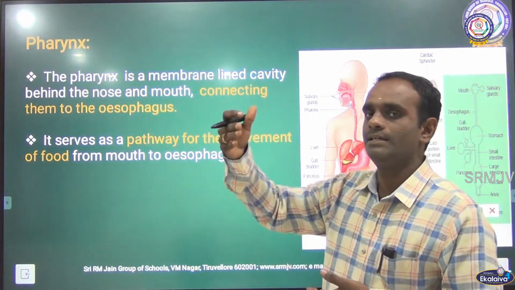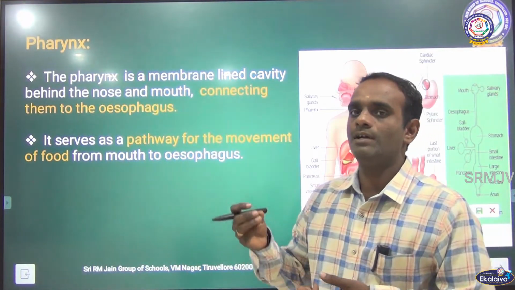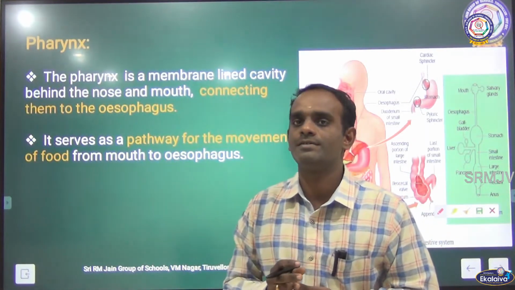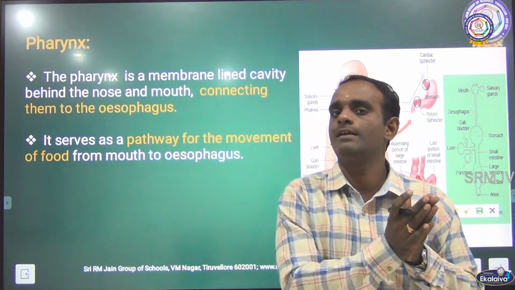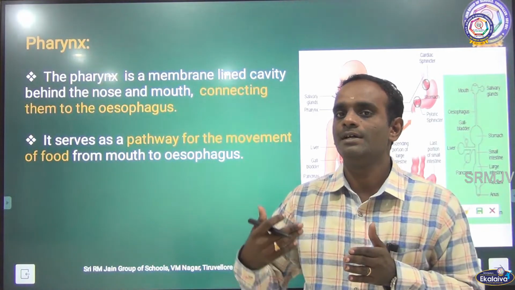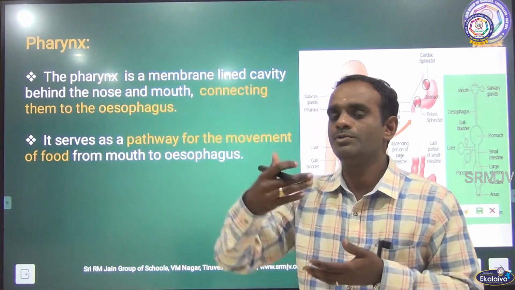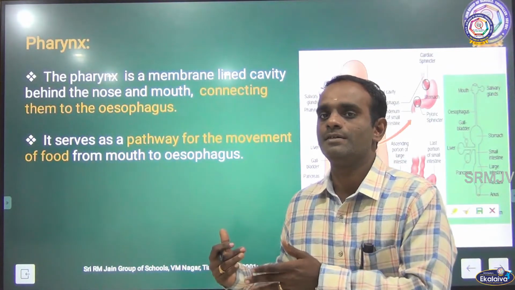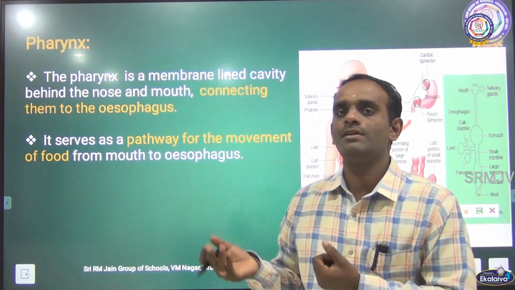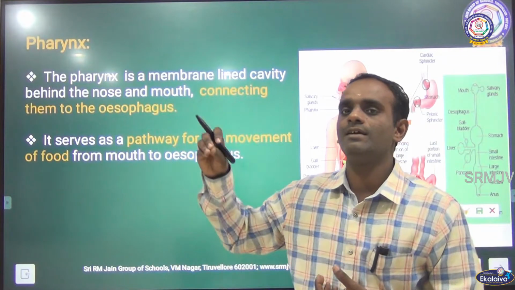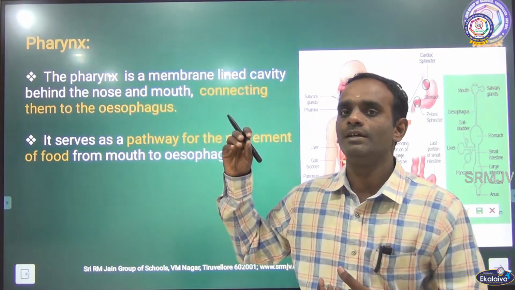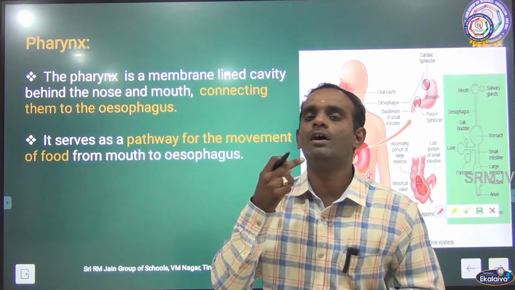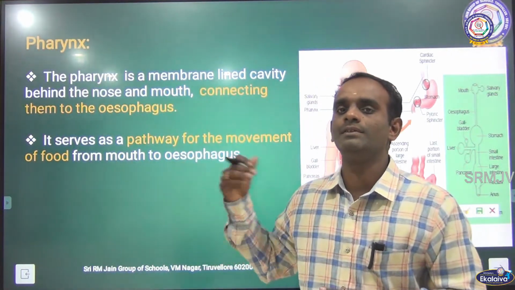So yesterday we started the digestive system, and what are the organs involved in the digestive system? There are two different sets of organs. One is the alimentary canal and the other is the digestive glands. Alimentary canal is also called the gastrointestinal tract. The GI tract starts from the mouth or buccal cavity and ends with the anus.